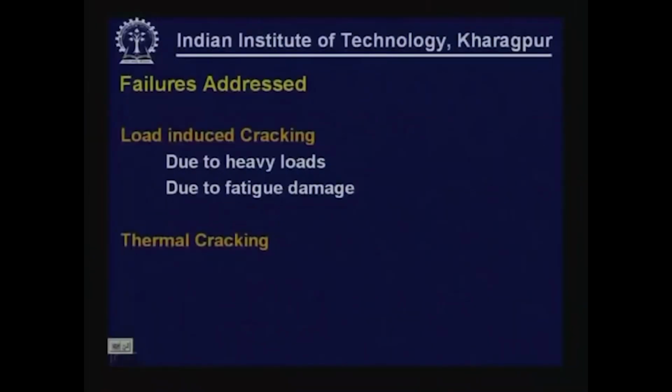On the other hand, if you apply loads of lesser magnitude repeatedly, they also can produce cracking in the slab because of what is known as the fatigue phenomenon. So, there are two types of damage that we are concerned about: damage caused by heavy loads, and also fatigue damage caused by loads of lesser magnitude, but applied repeatedly.